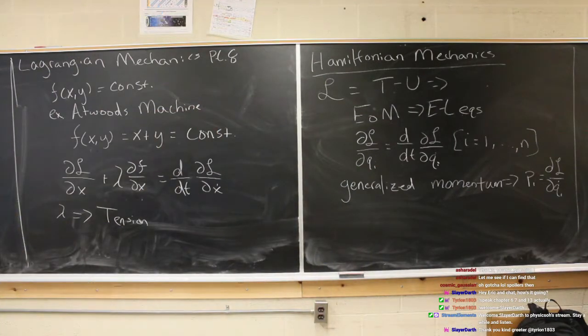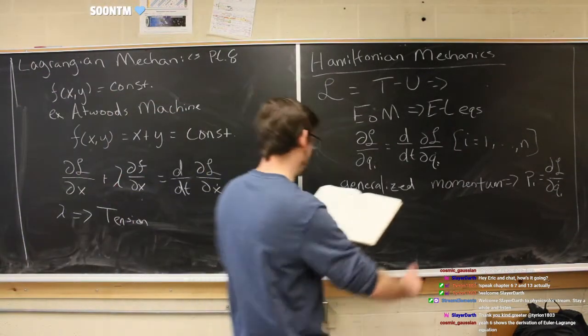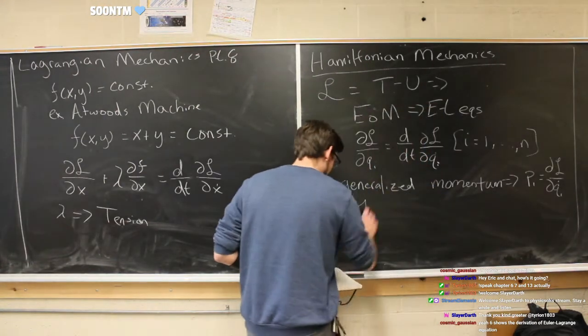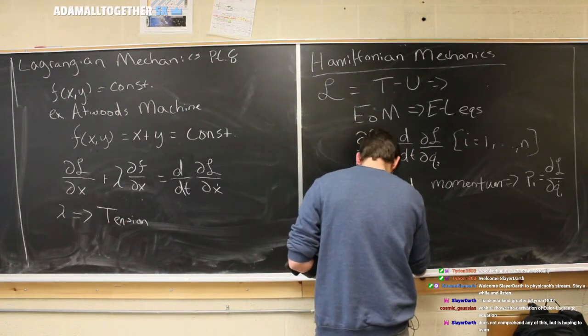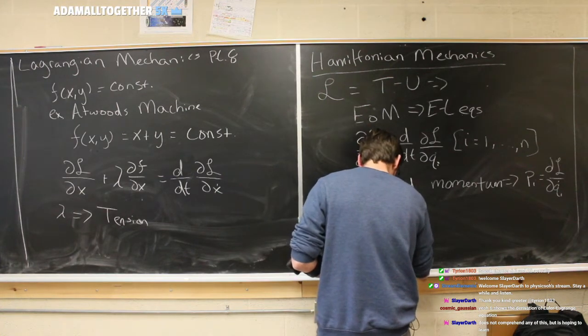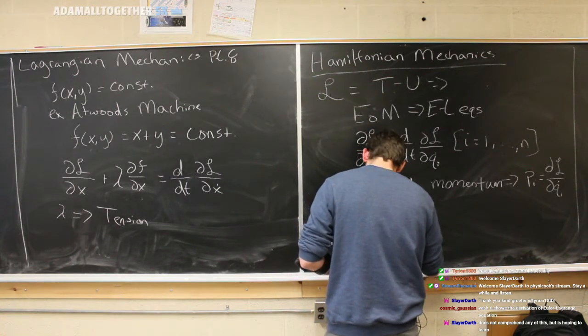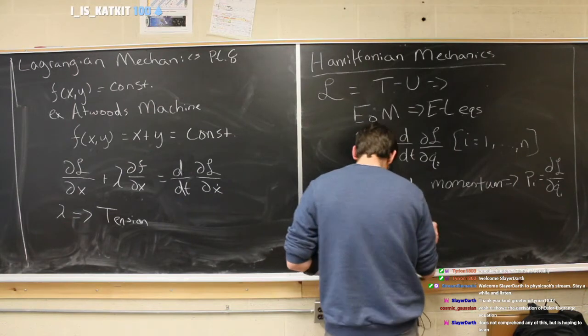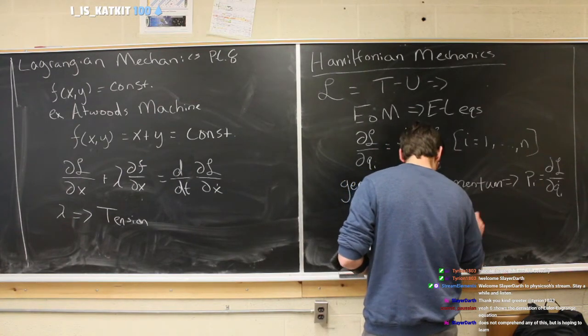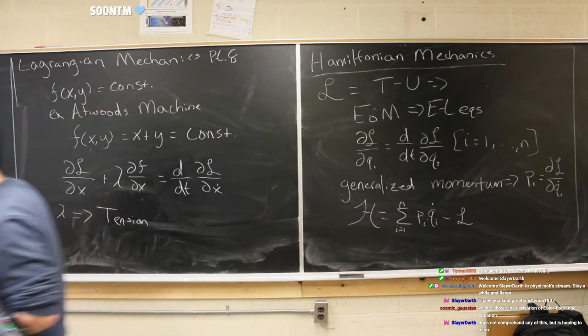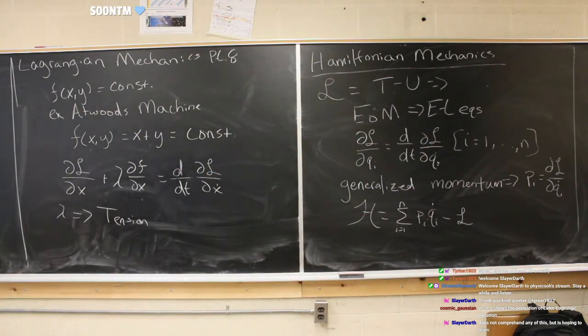That's going to come up frequently because the Hamiltonian, as we saw before, is given by the sum over all of the p_i q_i dots minus the Lagrangian. This is one of the ways to write the Hamiltonian. If you want to see how we derive that, you have to go back and look at the conservation of energy videos. Very good stuff.